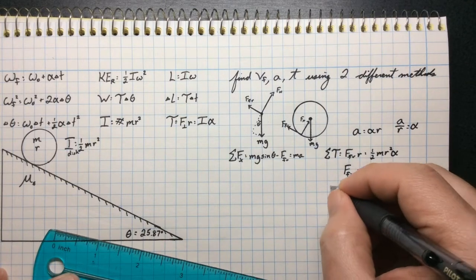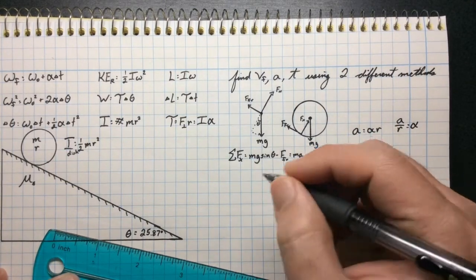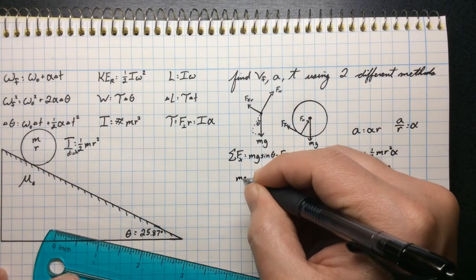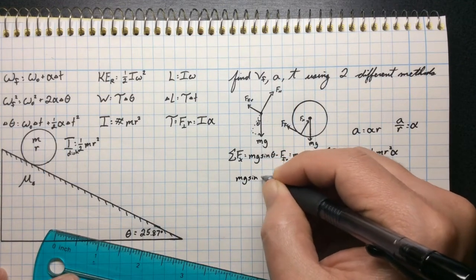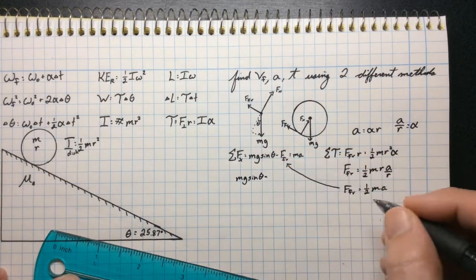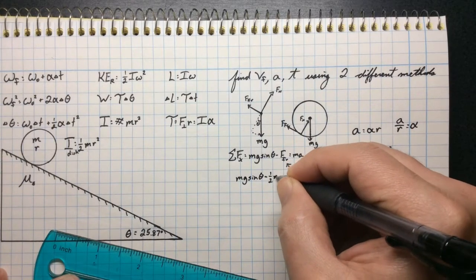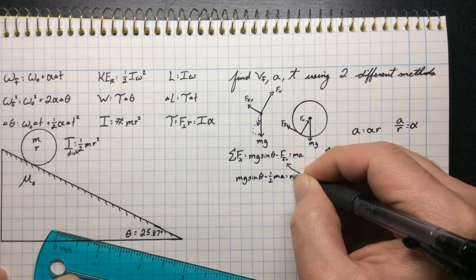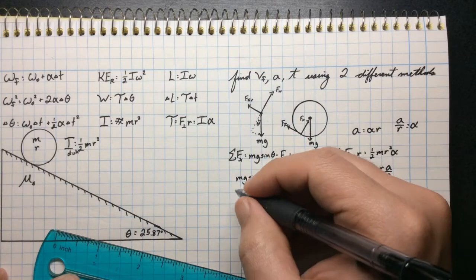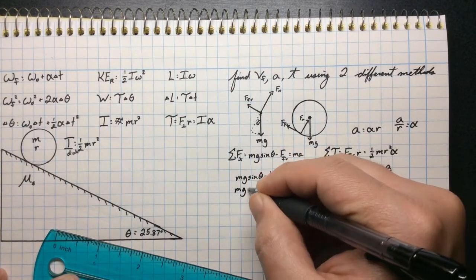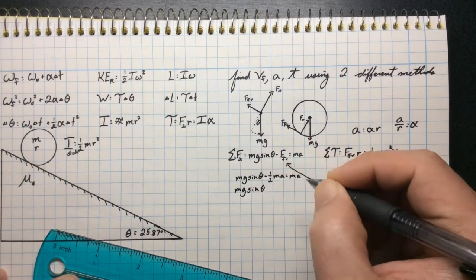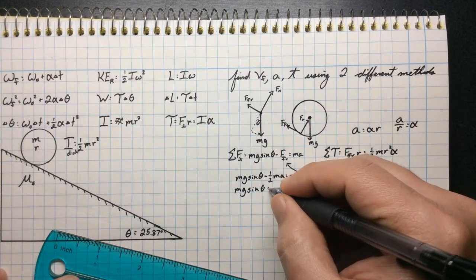So I'm going to drag that in and plug it in, and so my mg sine theta minus 1/2 ma is equal to ma. And everything has m, so I can actually cancel that out too.